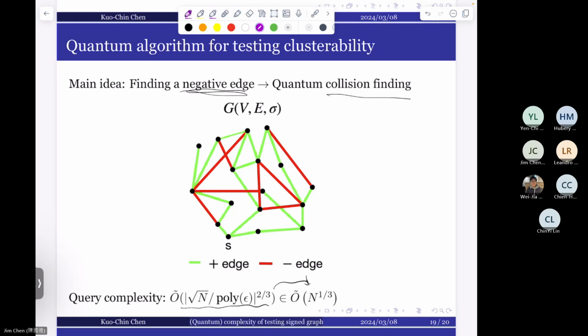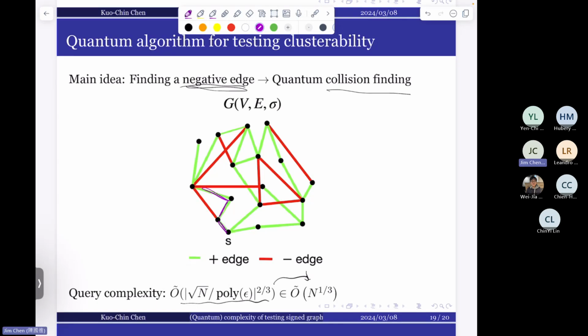So our main idea is that we define finding such a negative edge as finding a collision.